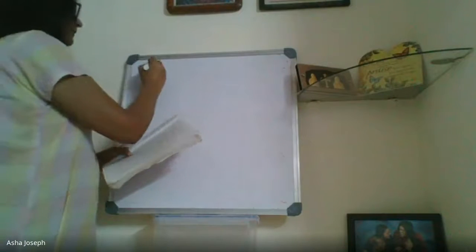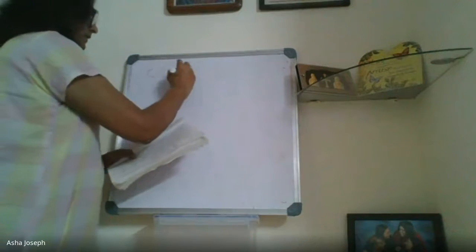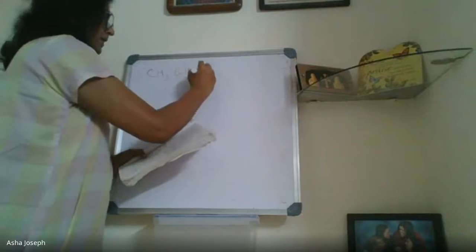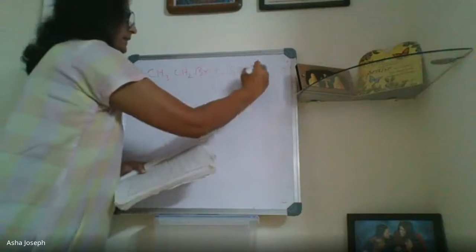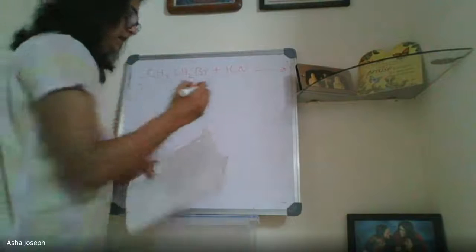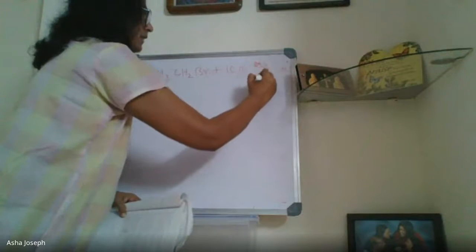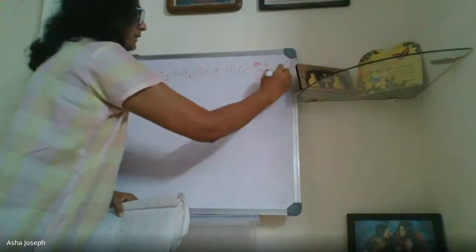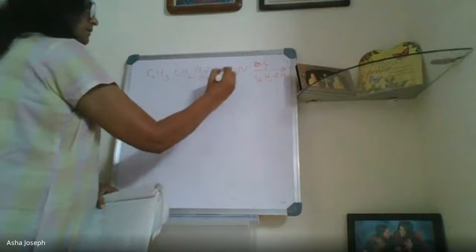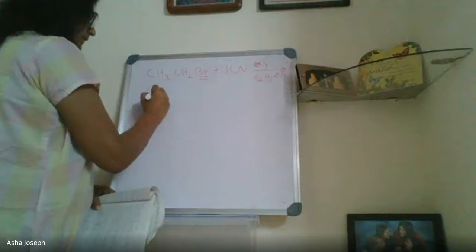CH3CH2Br plus KCN, and they said aqueous ethanol. So it is alcoholic KCN. So Br is replaced by CN. That is the reaction.